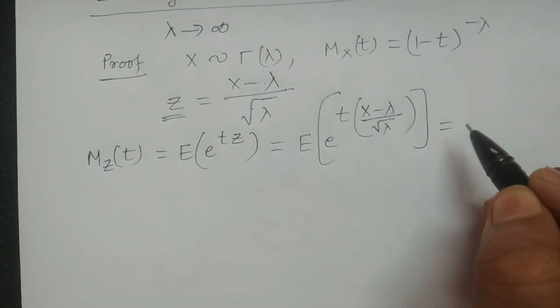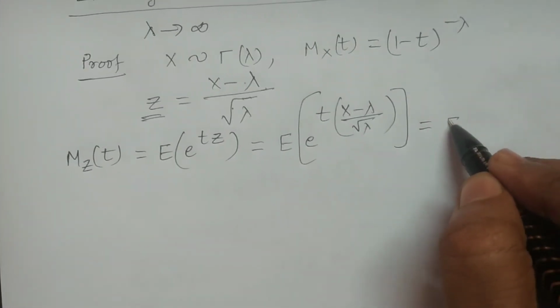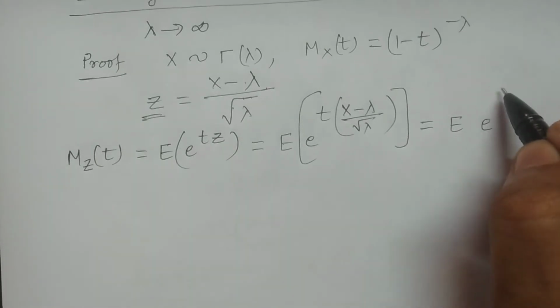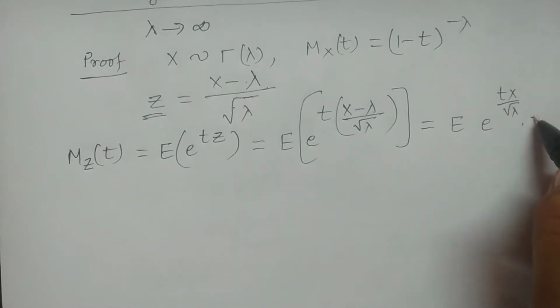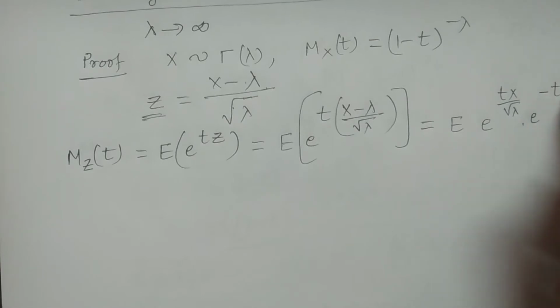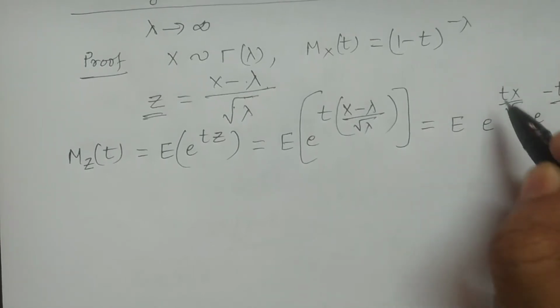Now we expand this as the expectation of e^(tX/root lambda) times e^(-t lambda/root lambda).